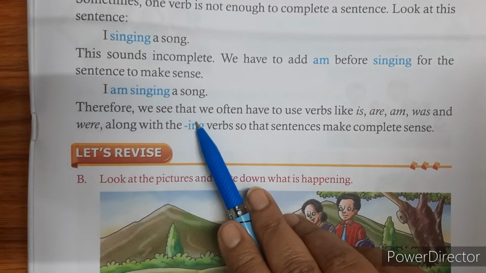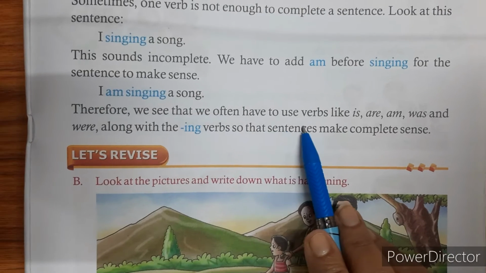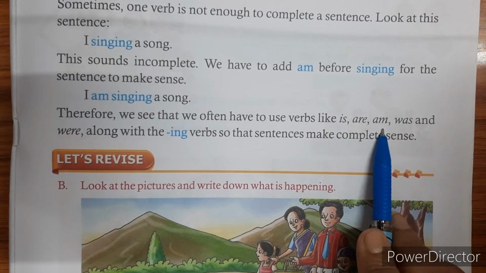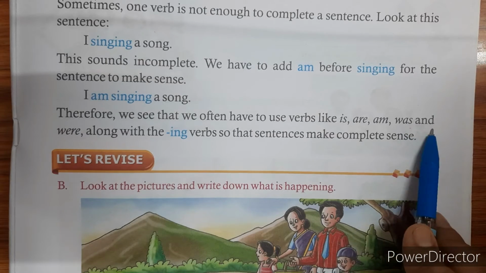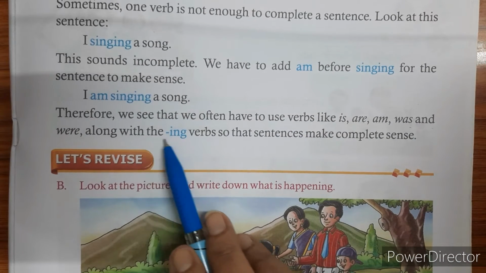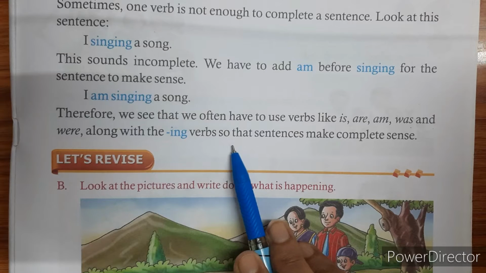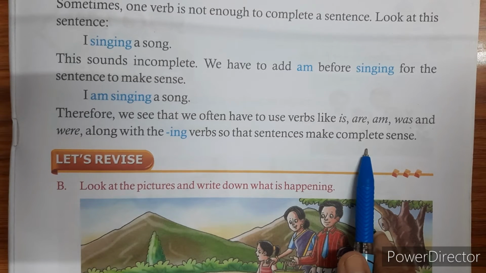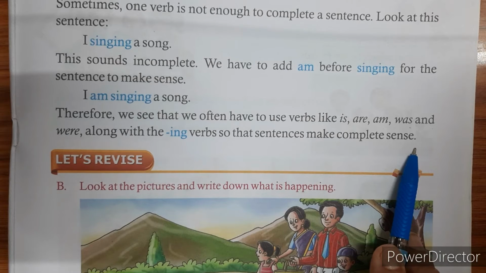Therefore, we see that often we have to use verbs like is, are, am, was, and were along with the ing verbs so that sentences make complete sense. Alright.